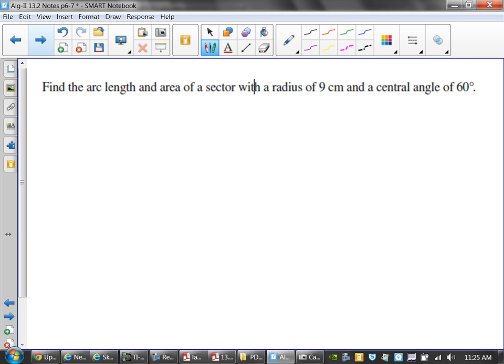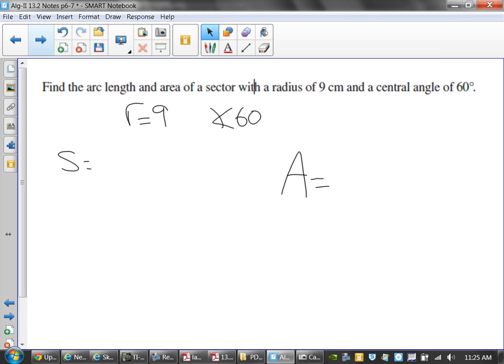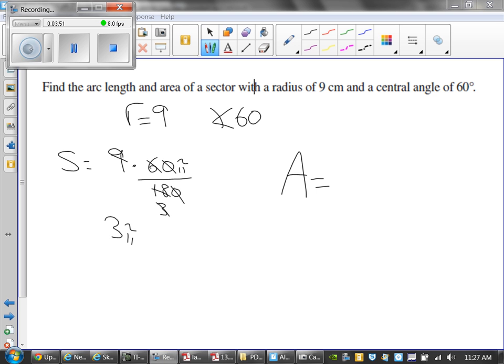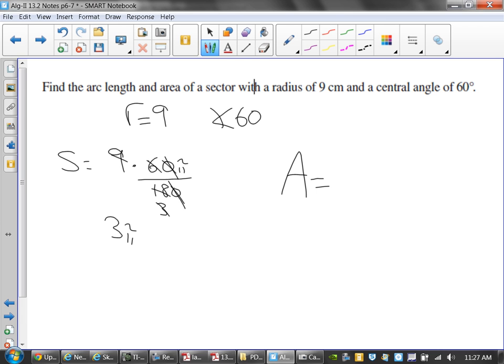All right. Try this one. A sector has a radius of 9 and an angle of 60 degrees. Give me the arc length, which is S, and the area, please. 60 pi over 180. Zeros drop. 6 goes into 18 3 times. 3 goes into 9 3 times.